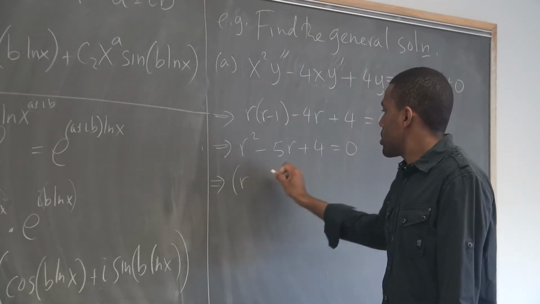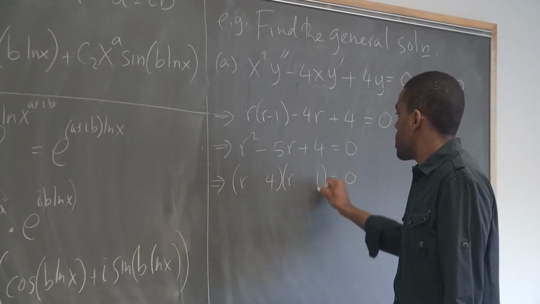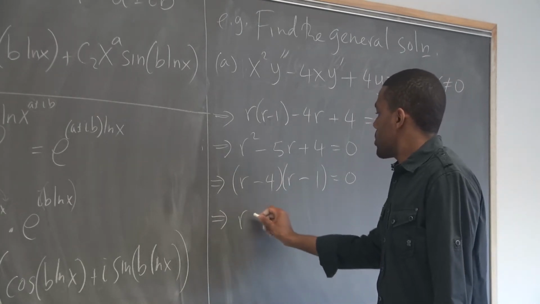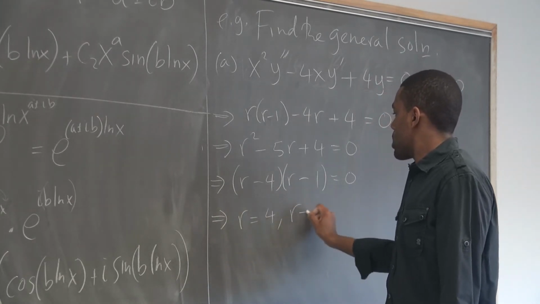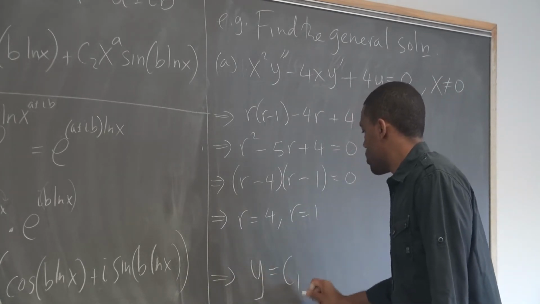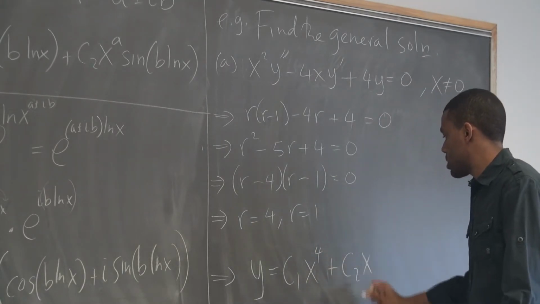I think this factors, 4 and 1 maybe, minus and minus. So we get r equals 4 or r equals 1, which means y is equal to c1 x to the 4th power plus c2 x.